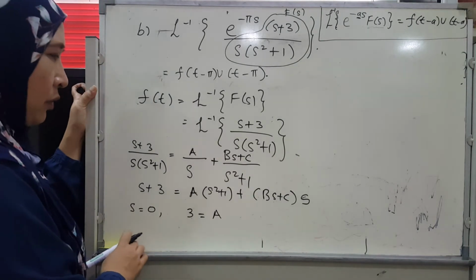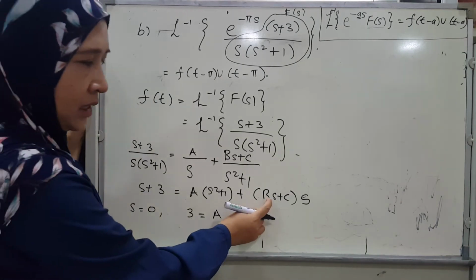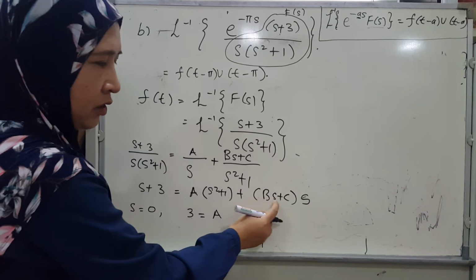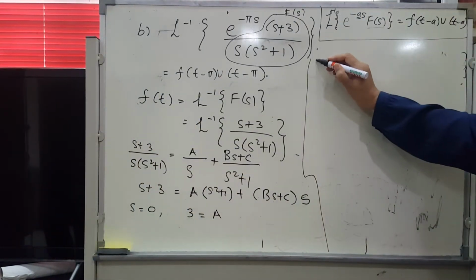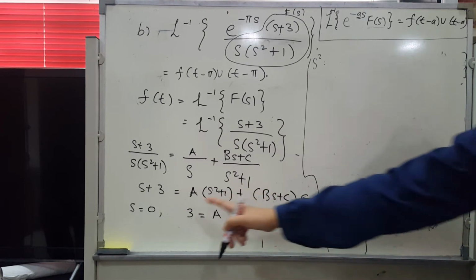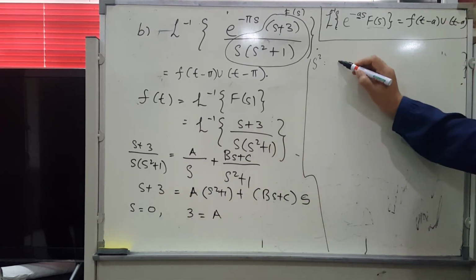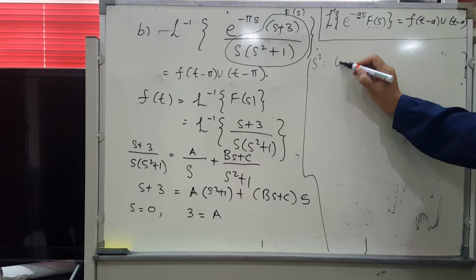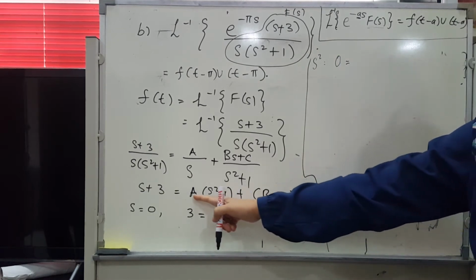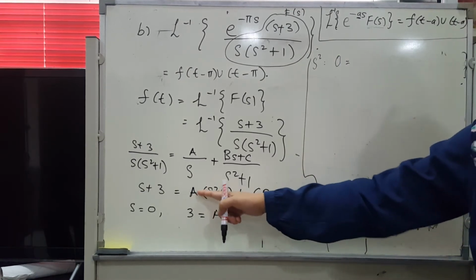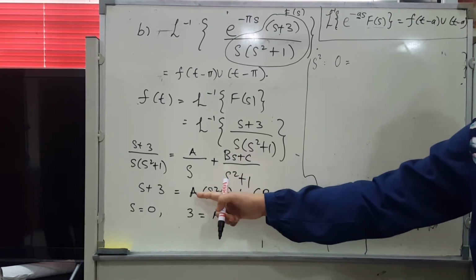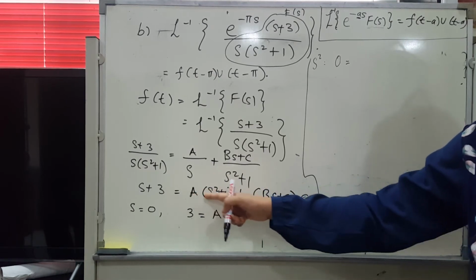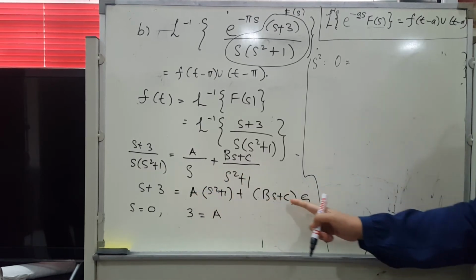Okay, now we need to find B and C. One technique is to compare coefficients. B is at s squared, the coefficient of s squared. For the left-hand side, no s squared is involved, so 0. For the right-hand side, when you want to compare coefficients, you should multiply out the brackets. Where is s squared?